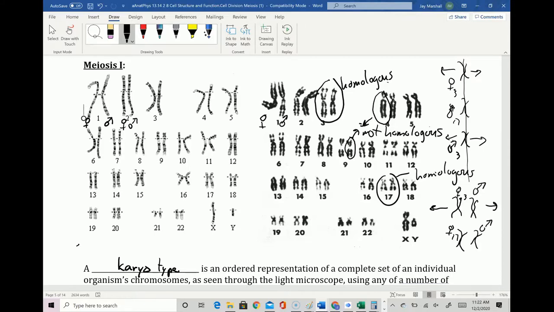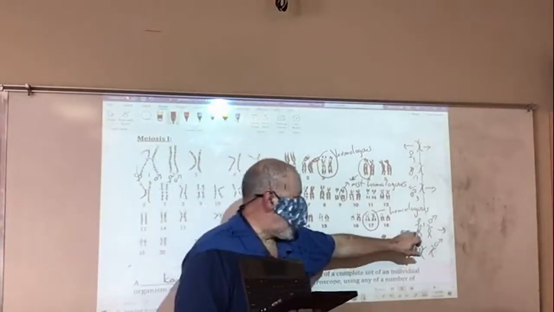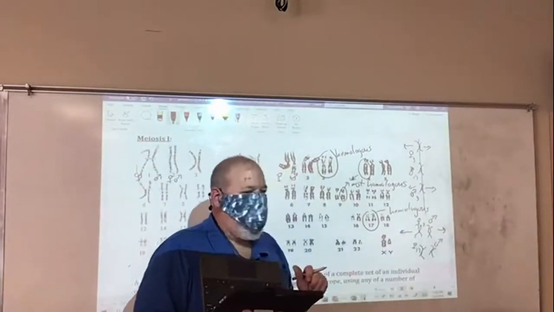But what do you remember has happened in prophase to this homologous pair of chromosomes? You remember what happens in prophase 1 of meiosis to this pair of chromosomes? Why is it still attached together? How is it going to line up together with its partner from dad?